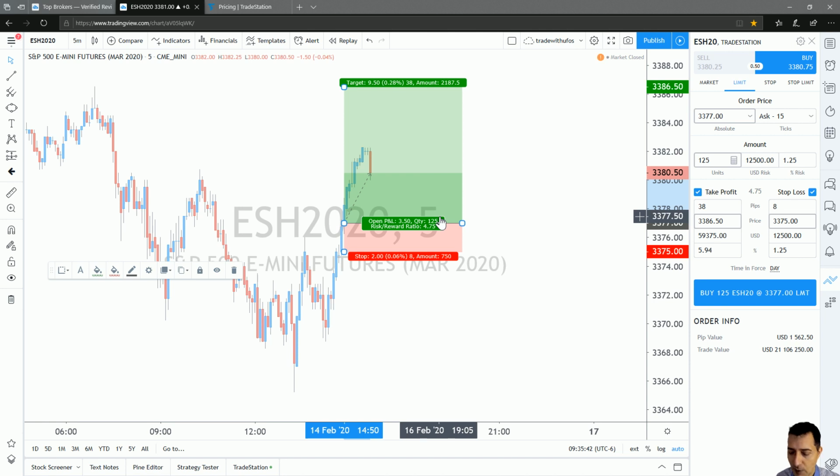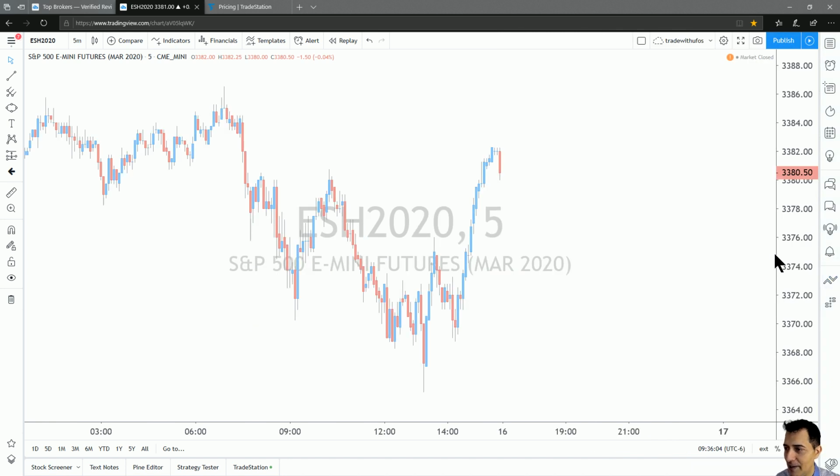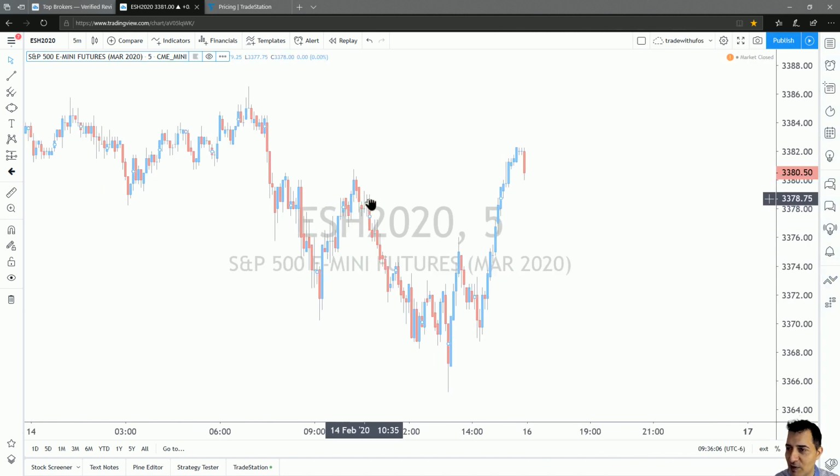Plus you get risk management parameters in those boxes, such as the amount of points you're risking and the risk reward of the trade, 4.75 to 1. So you're going to make 9.5 points, you're risking 2. Again, it's a pretty powerful tool. If you didn't know it existed, hopefully you like it. And if not, it's okay, because in the end, trading and using platforms is all about personal preference.